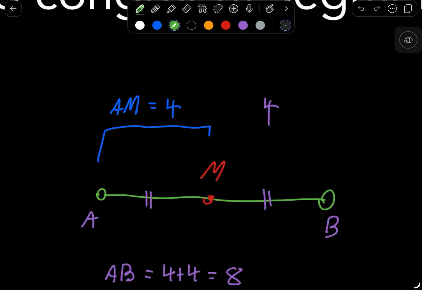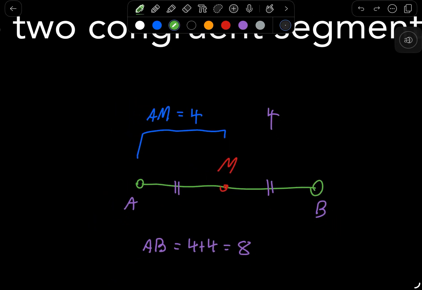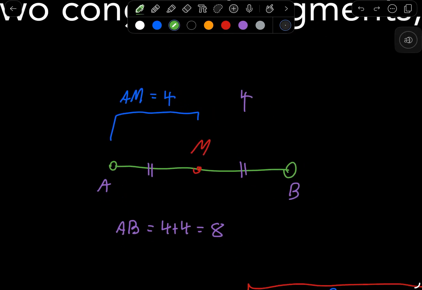Now, again, this is just another scenario where midpoint shows up, right? Let's say you have segment AB and the length is 8 units, right? And they tell you that AM specifically is 4 units long, and they also tell you that M is a midpoint.